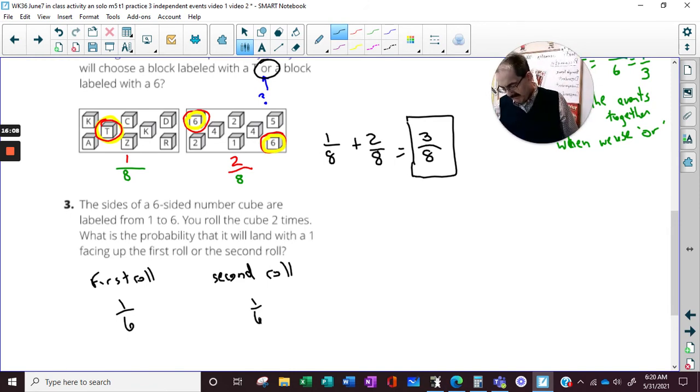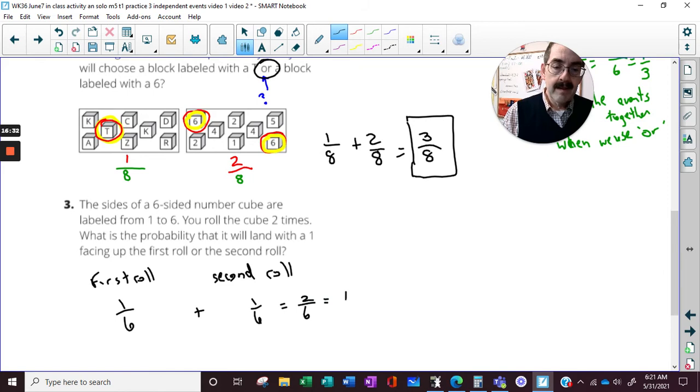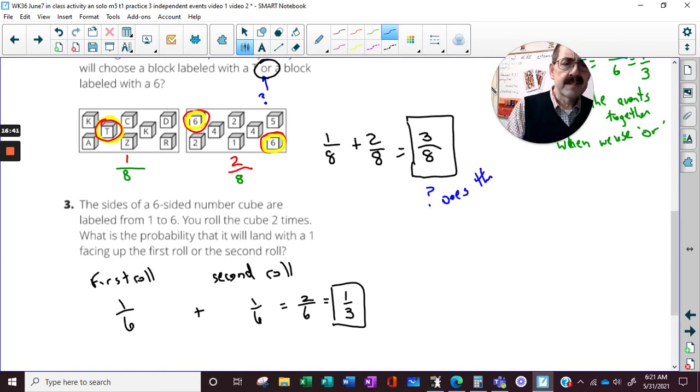What can we do with that? If we add them together, does this work?